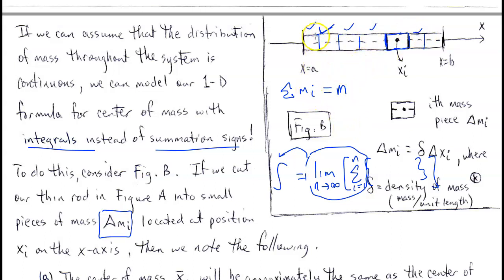Each one of those pieces would have a mass associated with it, and that is what our m sub i would be, okay? So m sub 1 would be the first piece, m sub 2 the second piece, m sub 3 the third piece.